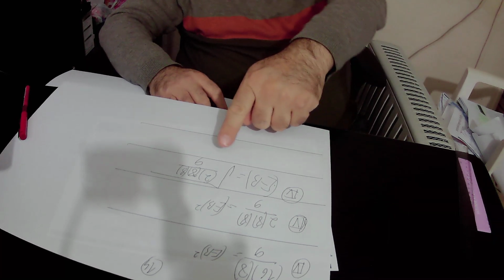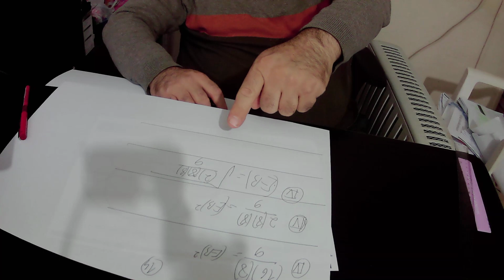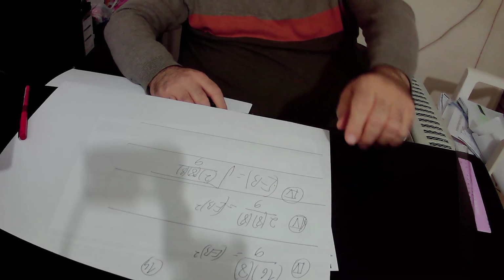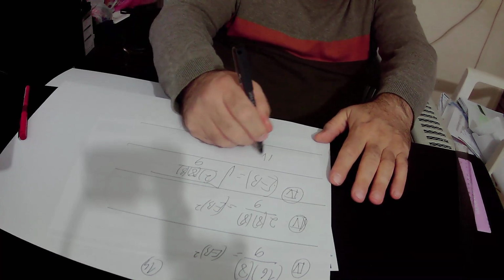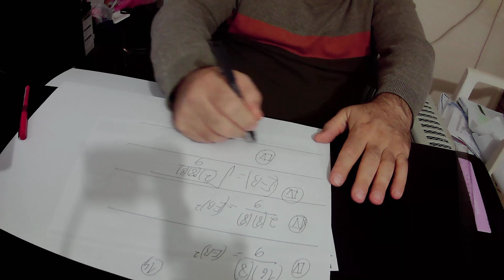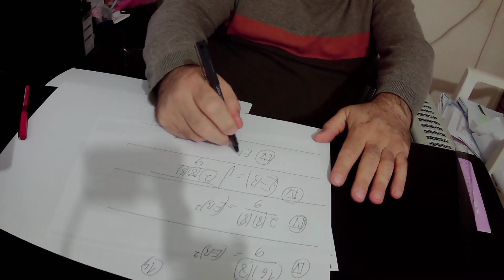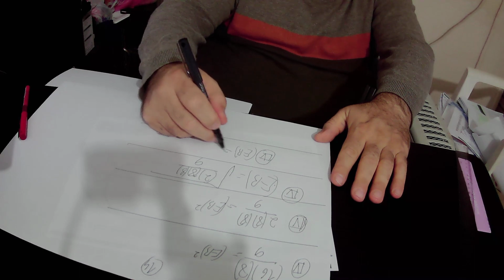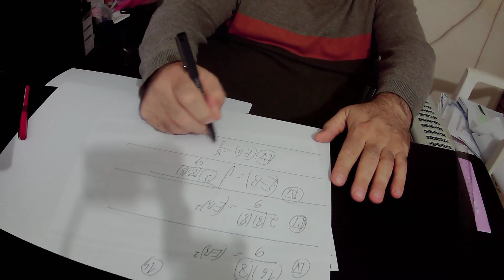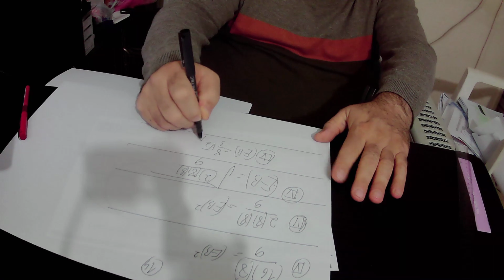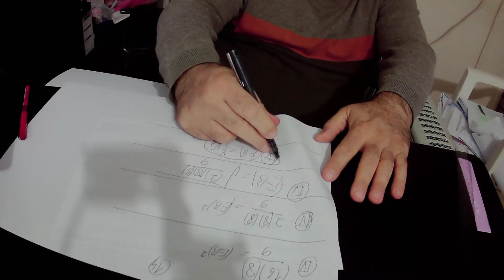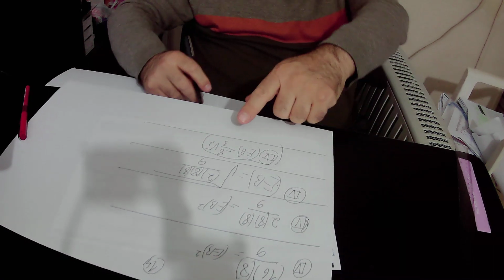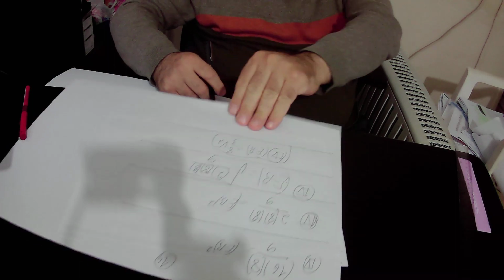The square root of 8 times 8 is 8 and the square root of 9 is 3. We will get that EB in total equals 8 over 3 times the square root of 2 units. So we found the value of EB.